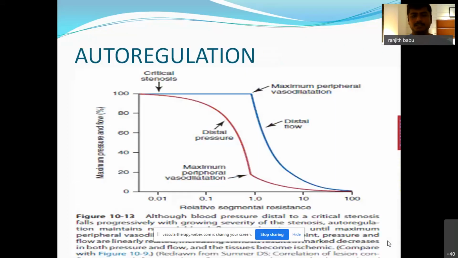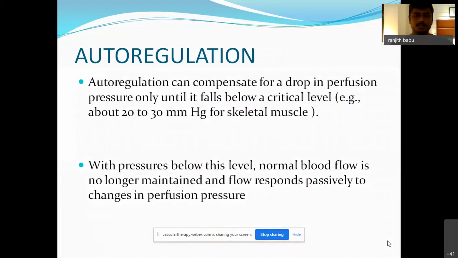This peripheral resistance system has autoregulation, so when a pressure drop occurs, it will start to dilate. At some point in time, the vasodilation gets exhausted.